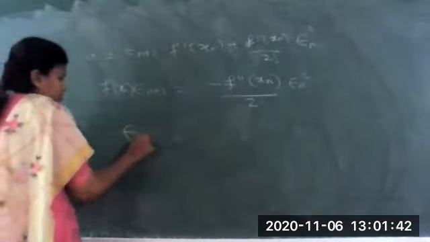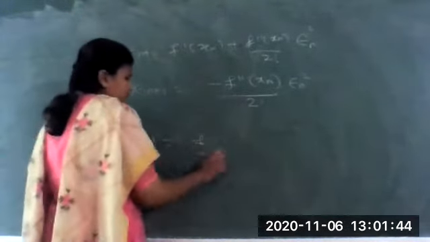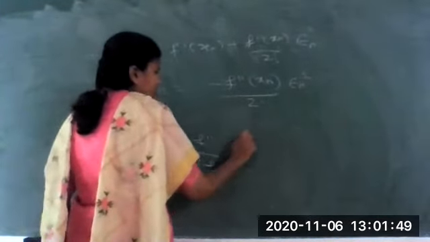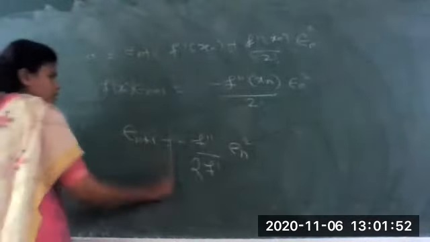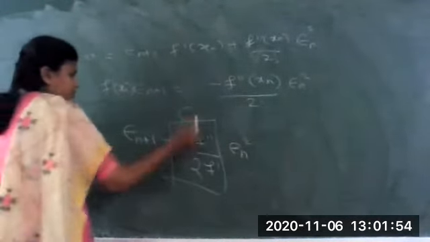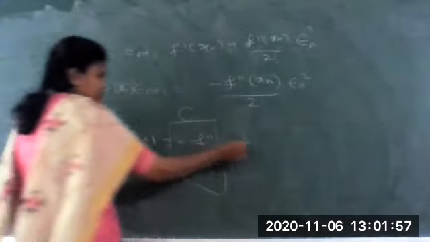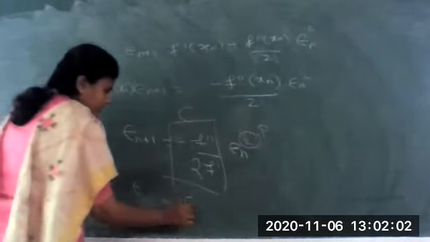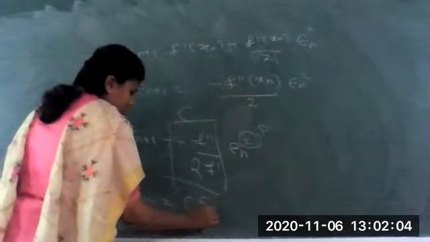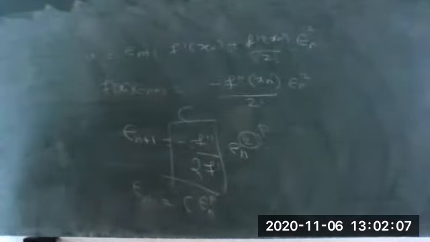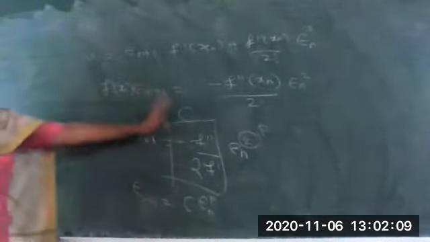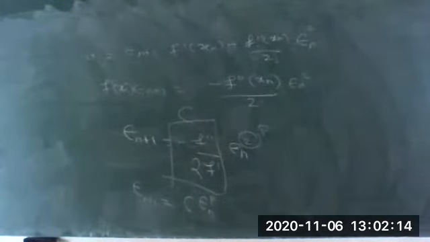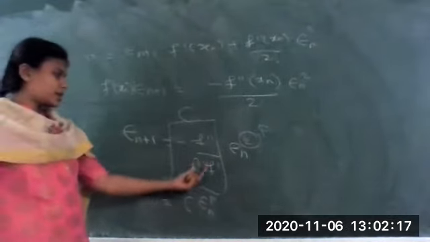So epsilon n plus 1 is equal to minus f double dash upon 2 f dash, into epsilon n square. Whatever value we get here will be the constant c, and this is our p. So I can write epsilon n plus 1 equal to c into epsilon n raised to p. So we can say the Newton-Raphson method has order of convergence 2, and the value of the constant is minus f double dash divided by 2f dash.